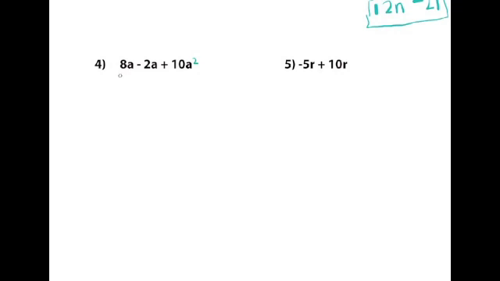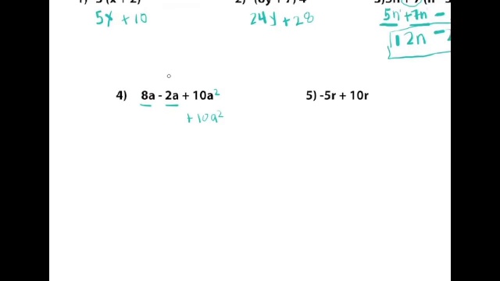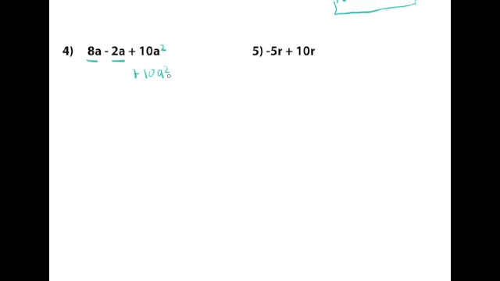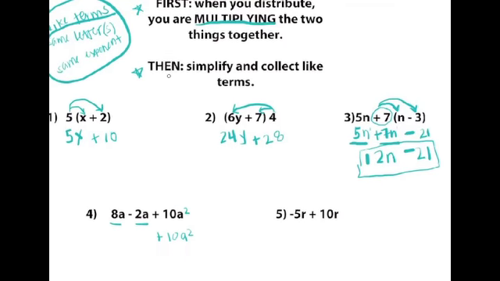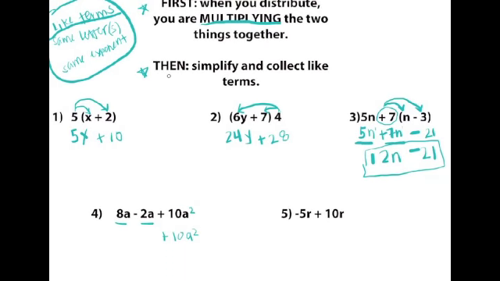So these two guys look exactly the same, but the 10a squared doesn't because it has that squared there. Since there's nothing else that has a squared in here, it just stays 10a squared. It cannot combine because it has the same letter but not the same exponents.